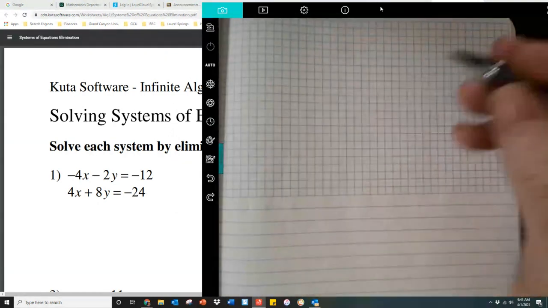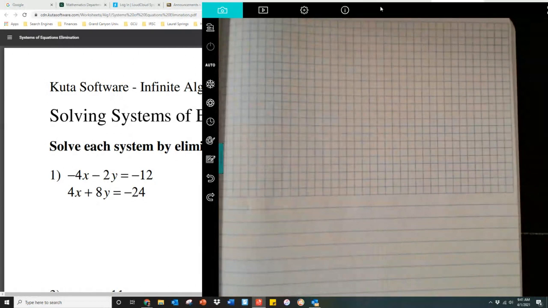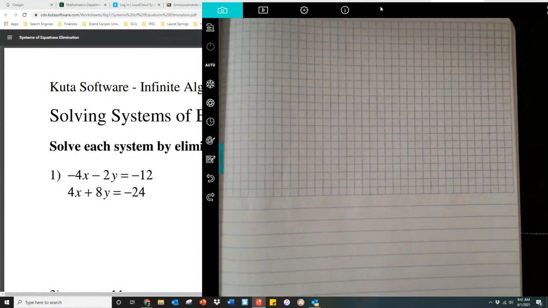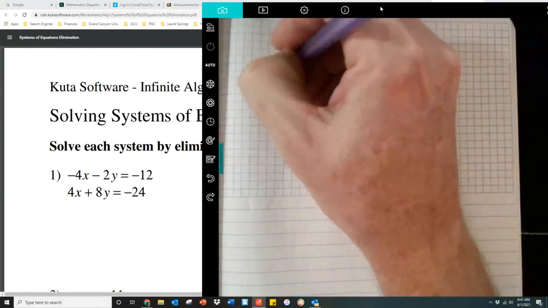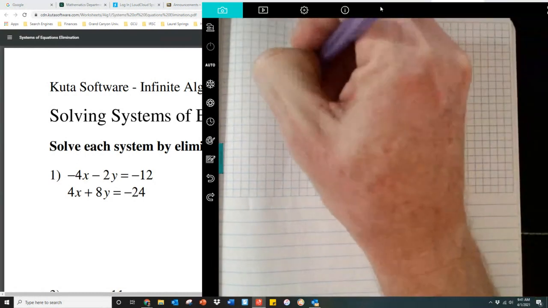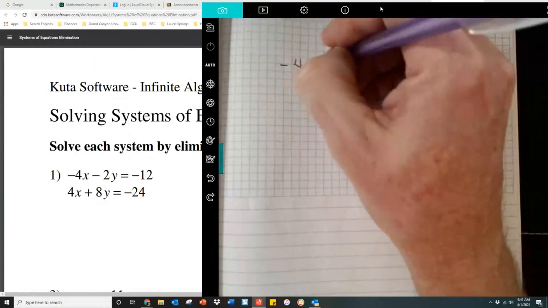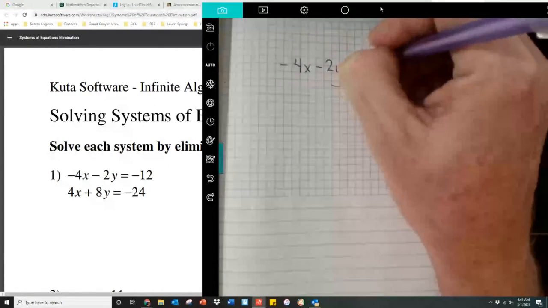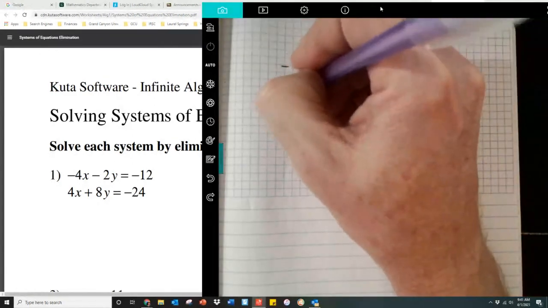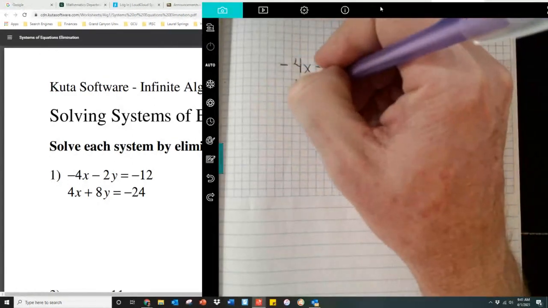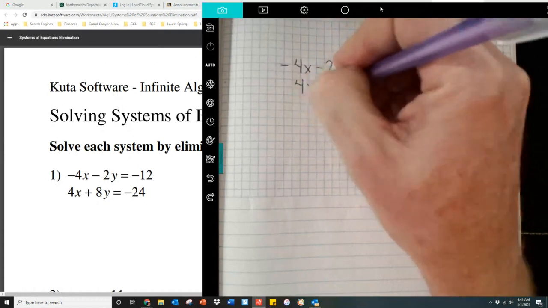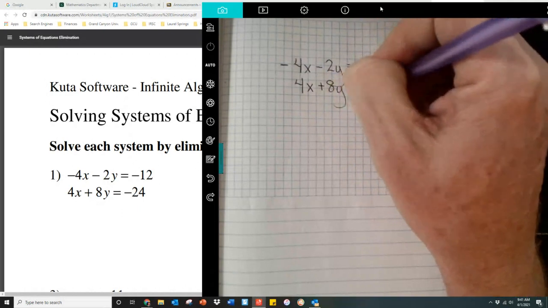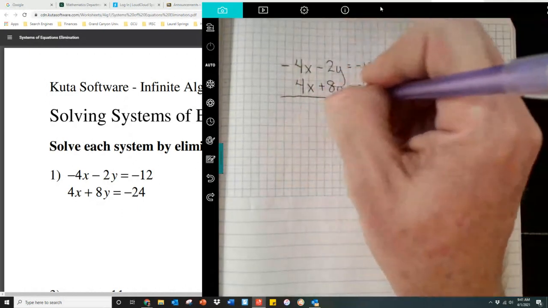Now, the way to do elimination is a process of eliminating one of the variables by adding one equation to the other. The only way to eliminate a variable is if the leading coefficients of each variable are the same number, opposite to each other. And they set it up in this particular problem to be just that.